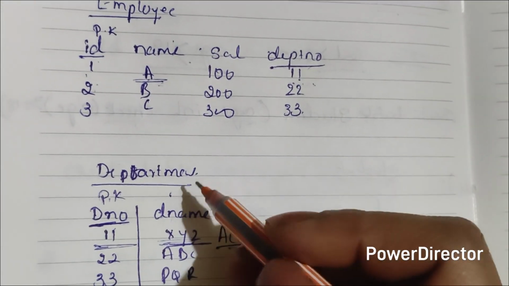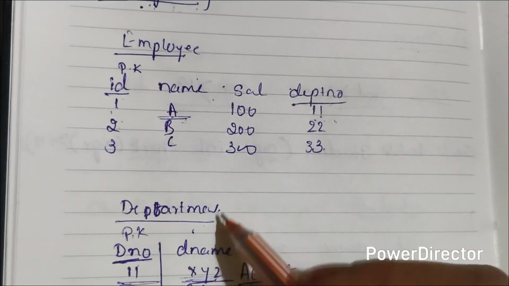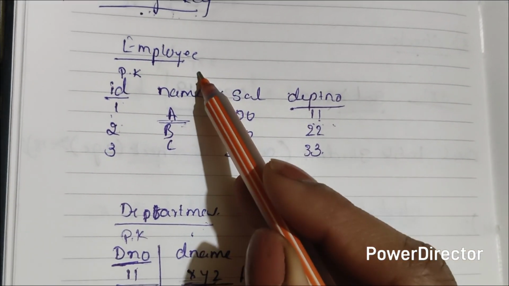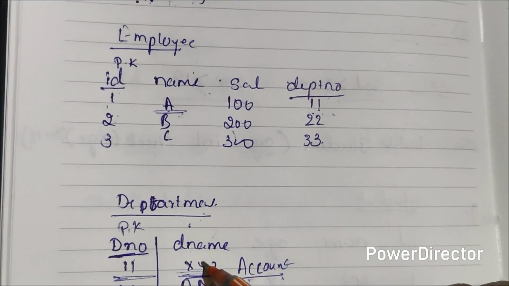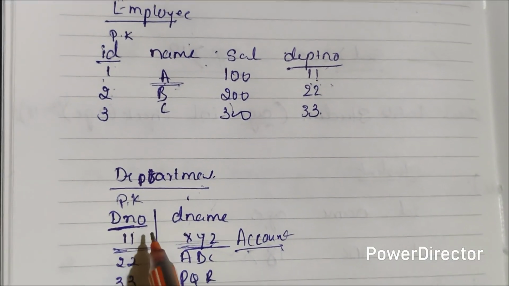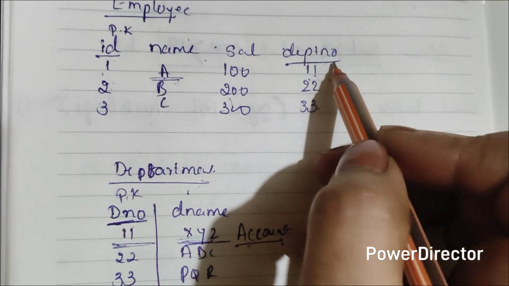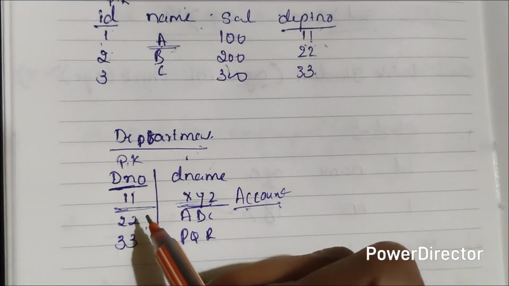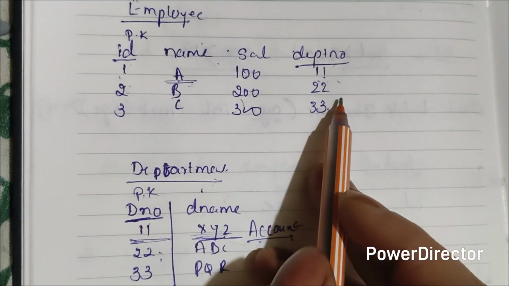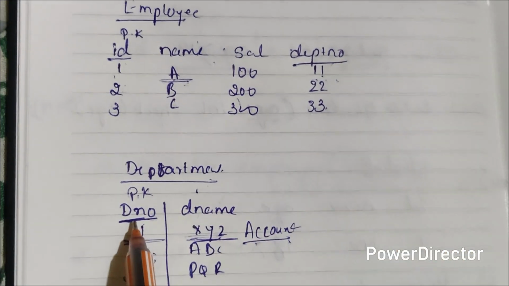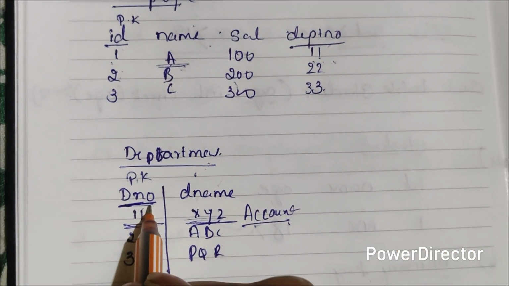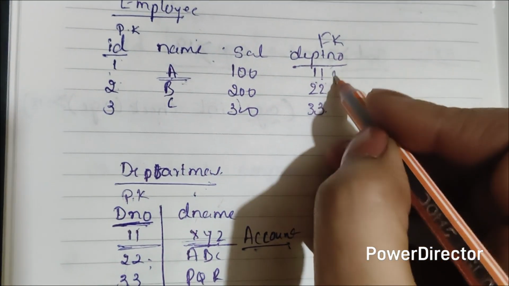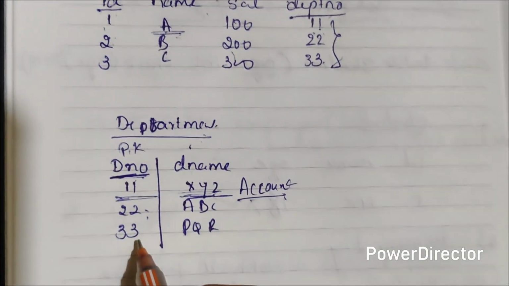So now we are building a relationship between these two tables. What is the relationship? Which department an employee belongs to. Whatever values you are entering in the department table, those values you are using in the employee table. That means the department number in this table will be the primary key and in the employee table it will become the foreign key, because all these values are coming from the department table.